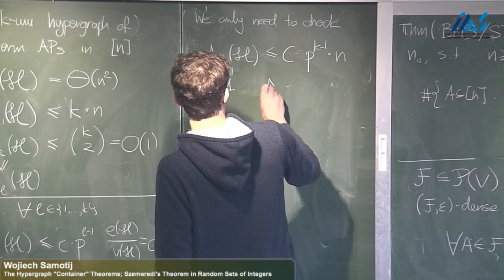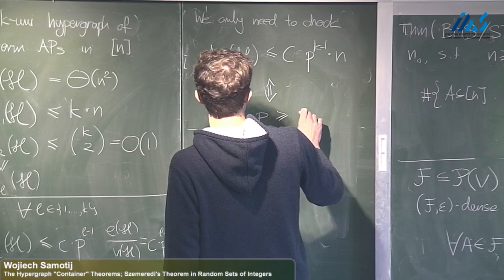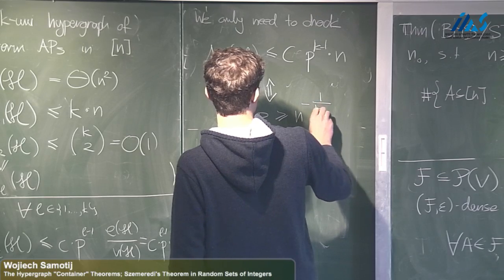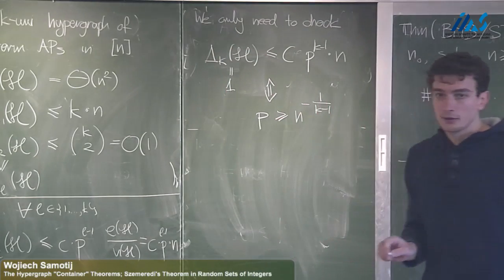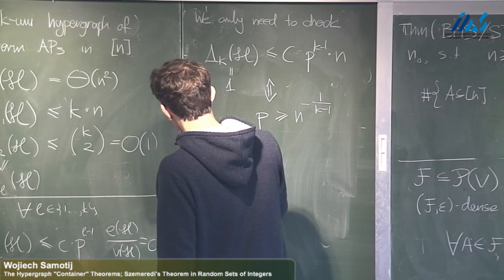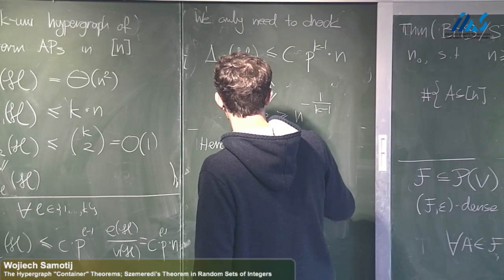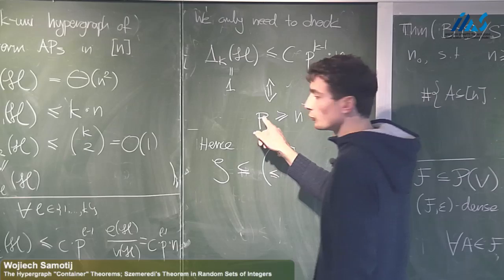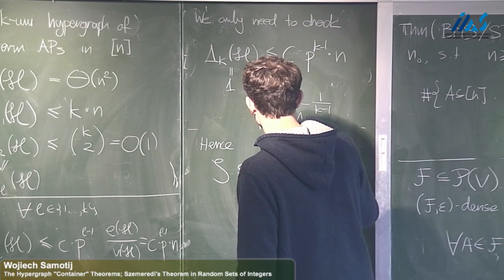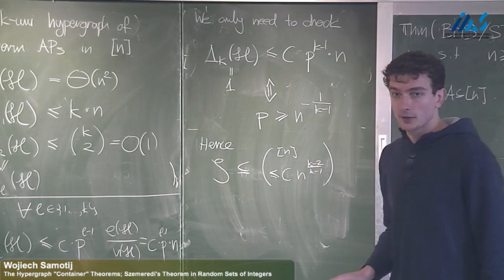So this is equivalent to saying that P is at least n to minus 1 over K minus 1, and hence this family S will be contained in subsets which contain at most P times n elements, which is constant times n to K minus 2 divided by K minus 1.